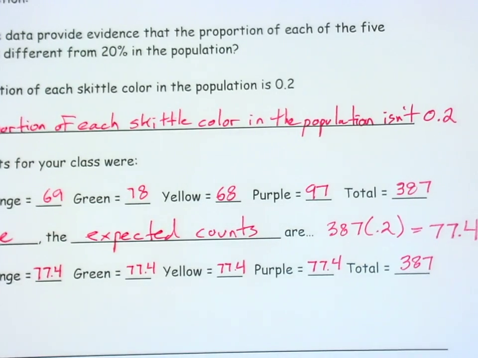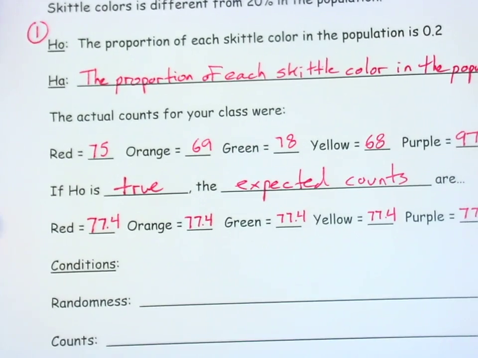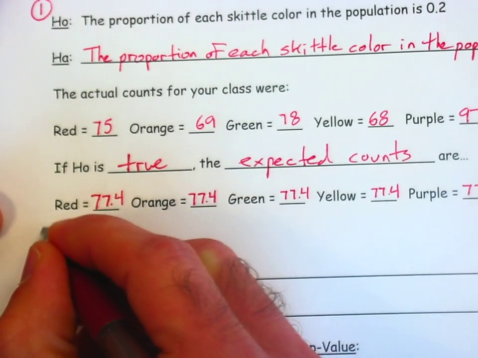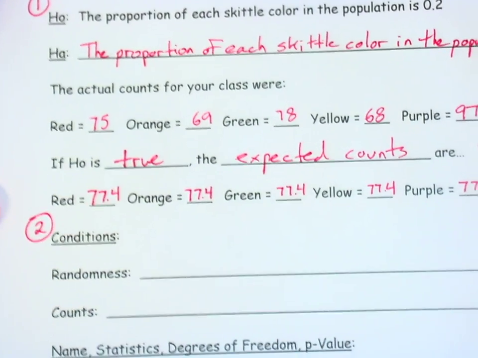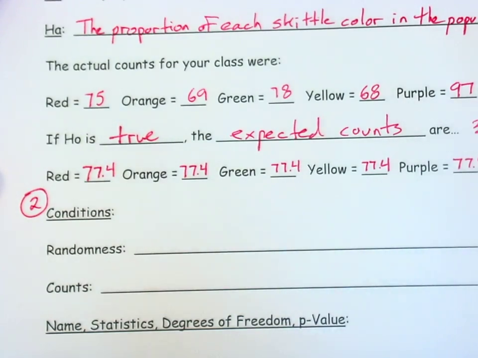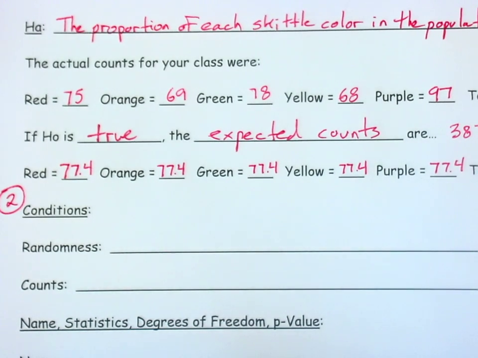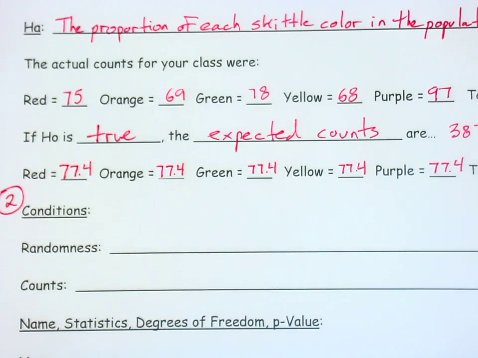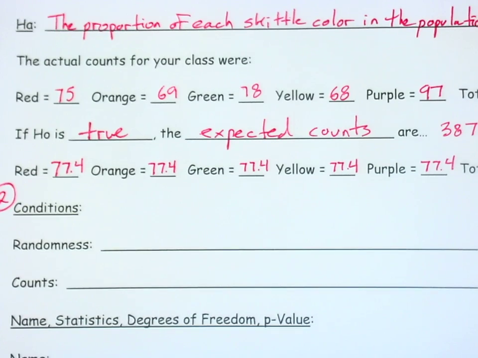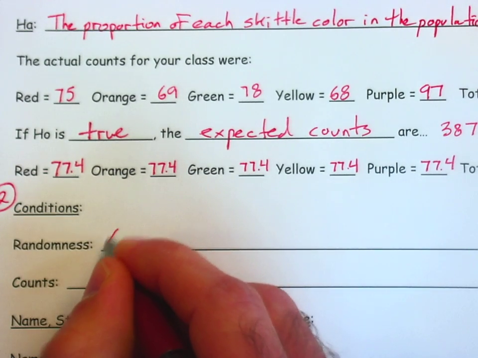So, second step, the conditions. We've written the null and the alternative hypotheses. Here are the conditions. Like other situations, I need to believe that I have a random sample. So we have to act as if this bag of 387 Skittles is a random sample.